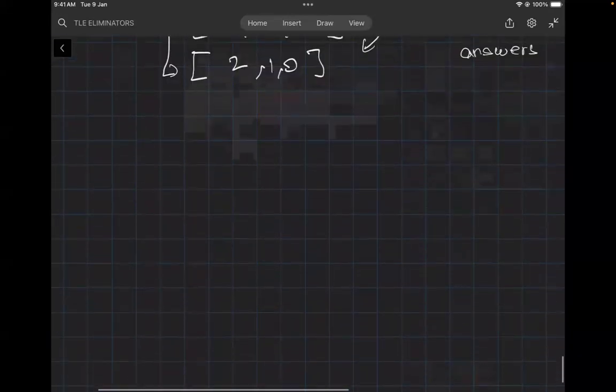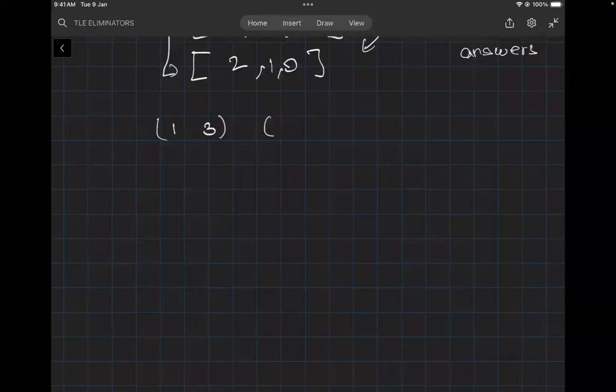Basically, let's say the three elements I want are: 1, 3 is one pair. The second one is 2, 4, and the third one is 3, 5. Okay. And this is index 1, this is 2, this is 3.